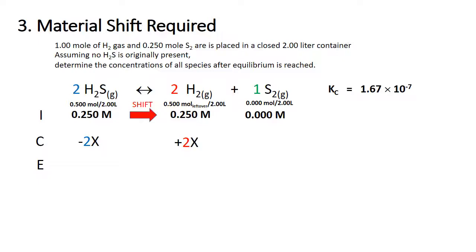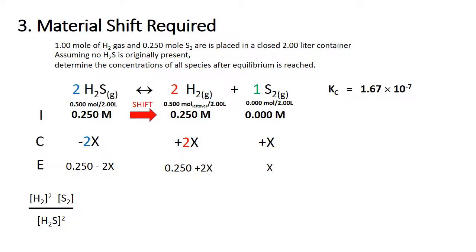The H2 concentration will go up by 2x, and the sulfur concentration will go up by x. The equilibrium amounts, just finishing things off, will be 0.250 minus 2x for the H2S, 0.250 plus 2x for the hydrogen, and simply x for the S2.